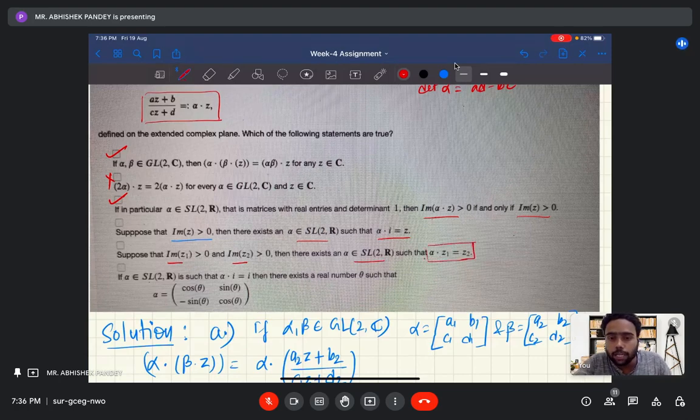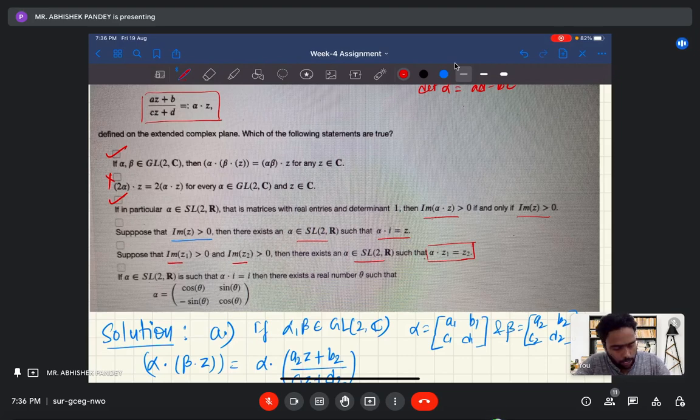Doesn't it look like the transitivity of a group on a set, like group G acting transitively on a set? This is the definition, no? For any two points x1, x2 in the set, there exists a group element g such that g·x1 equals x2.